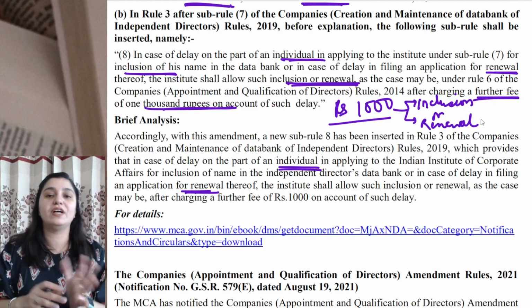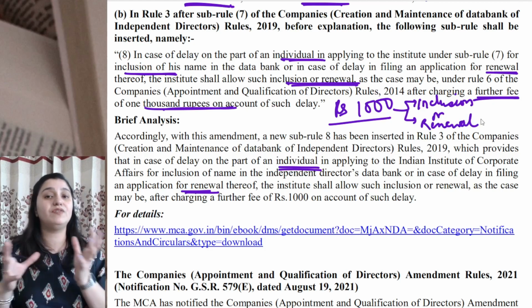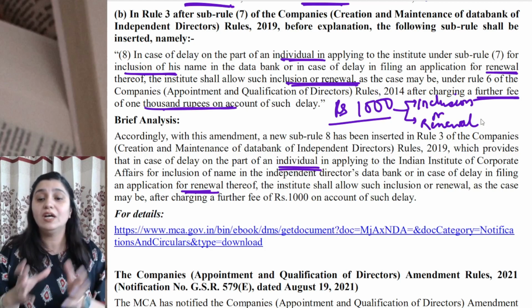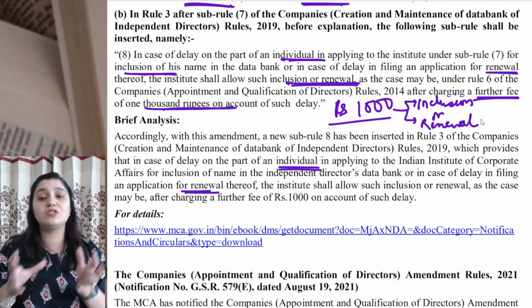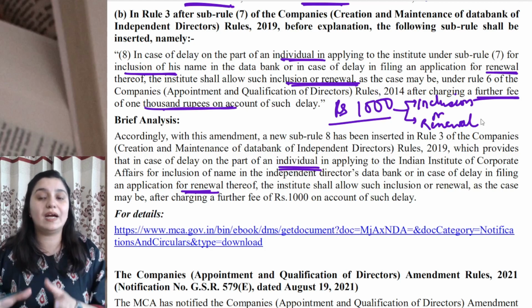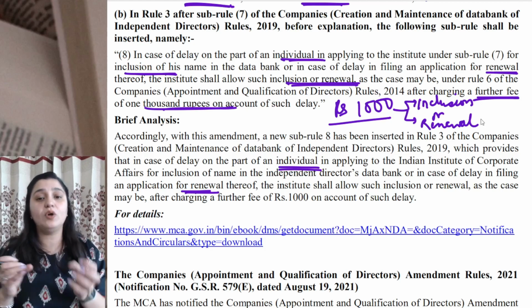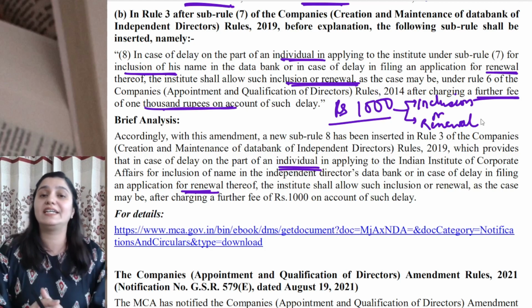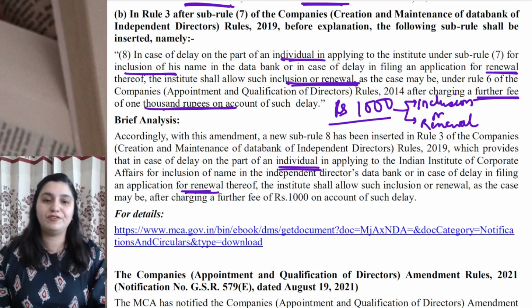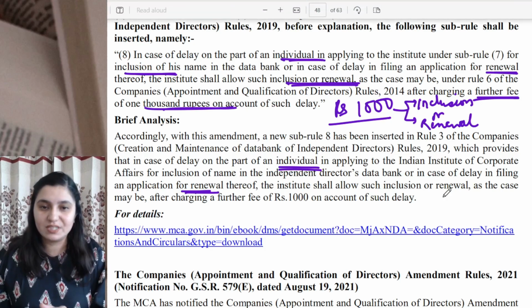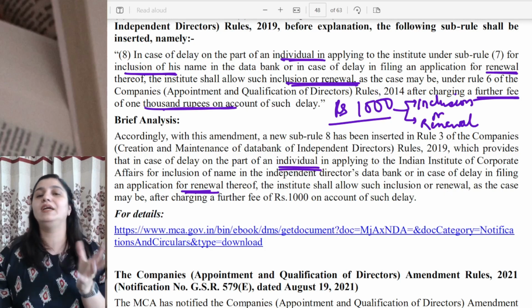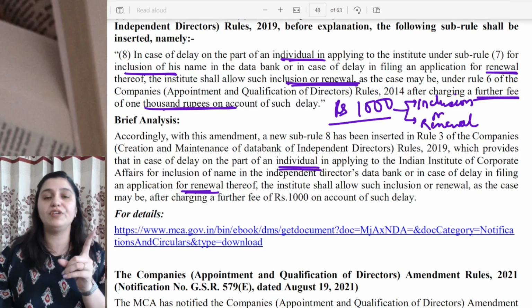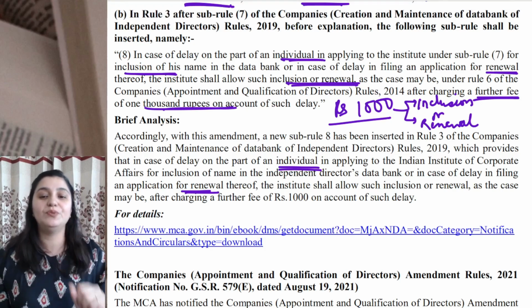For example, only the life time membership does not need renewal, while all others need renewal. So when you do it for a prescribed time and fail to renew, there is a delay in renewing, or a delay in the inclusion of the name in the data bank, in both cases it can be done by IICA through an application with a further fee of 1000 rupees. So the fee is the same for inclusion of the name and for delay in renewal.